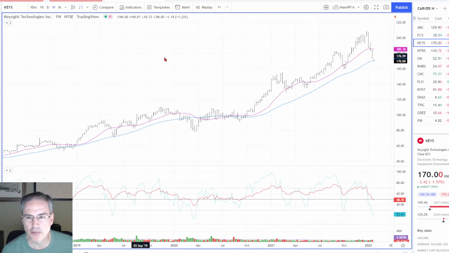So I want to look at one specific area, which is this pullback here, right before it made the last high.